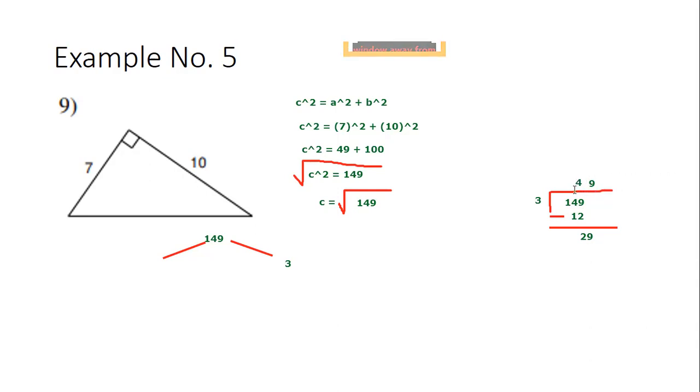And therefore, 9 times 3 is 27. And 29 minus 27 is 2. So if we continue this process, that becomes 49.6666. So in other words, 149 is not factorable by 3 because it is already a prime number. So this one is a prime number, therefore we consider this as our answer for this particular problem.